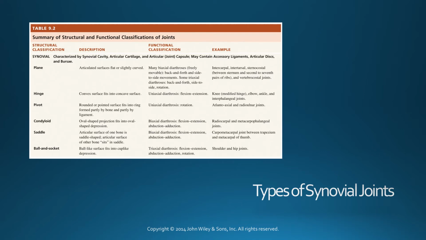Although all synovial joints have many characteristics in common, the shapes of the articulating surfaces vary quite a bit. So synovial joints are actually divided into 6 categories based on the type of movement that they allow. So we have plane, hinge, pivot, condyloid, saddle, and ball and socket. And that's what we will talk about in the next couple slides.